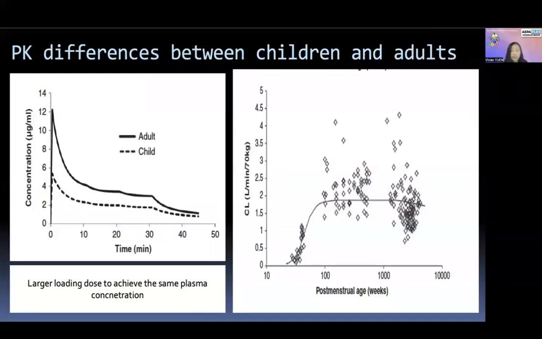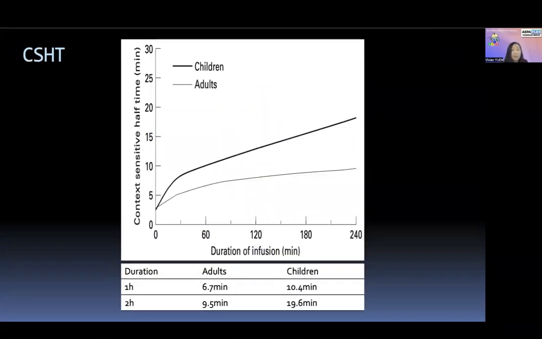Propofol clearance matures rapidly in the first 6 months of life. As a result of the higher plasma clearance in young children, a higher maintenance dose is required in young children. This is also associated with a longer context-sensitive half-time in children.